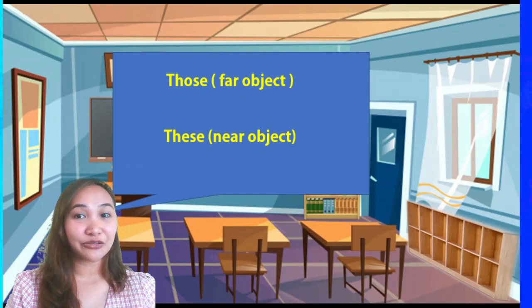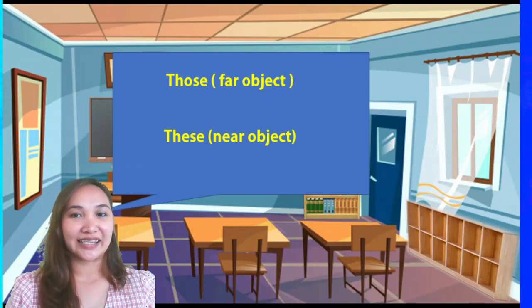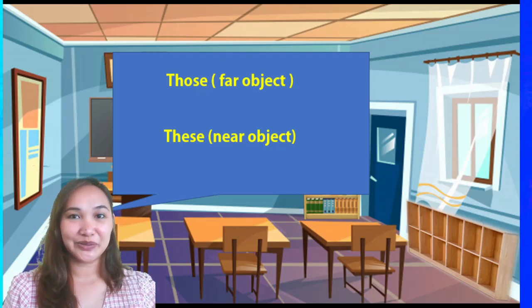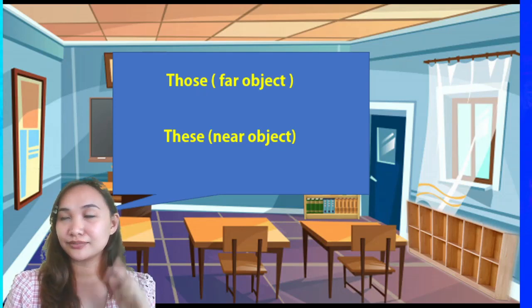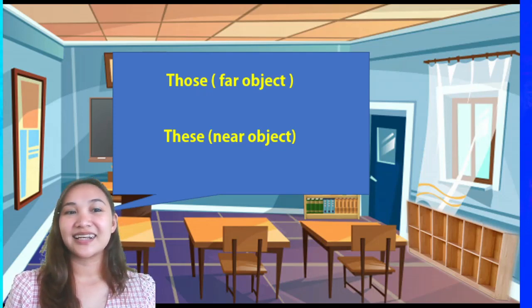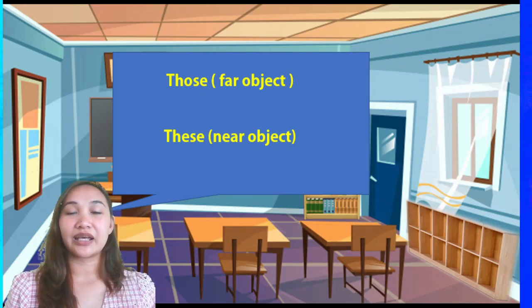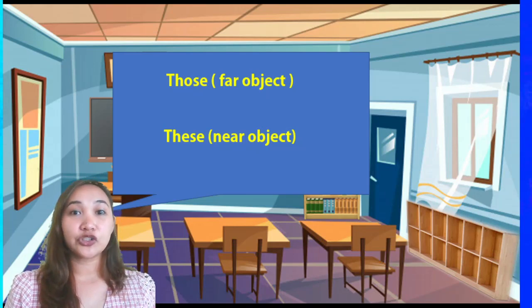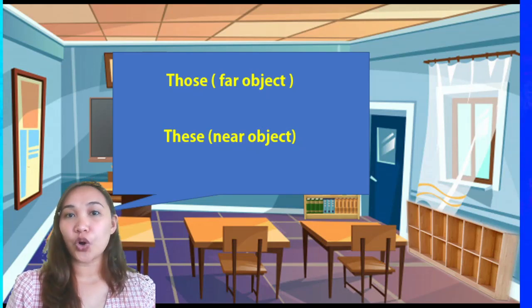Okay, so in this video, we will study these two words, those and these. Can you say it? Those, those. Okay, very good. These, these, these. We use those if we are talking about two or more objects that are far from us.